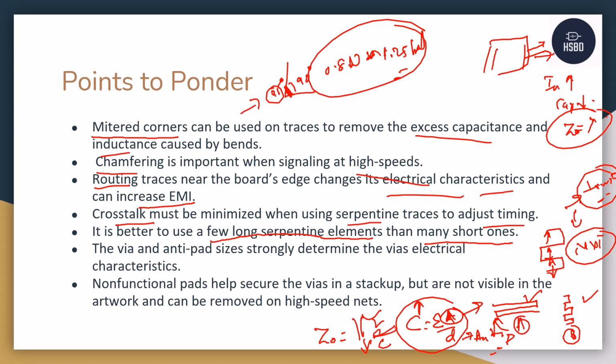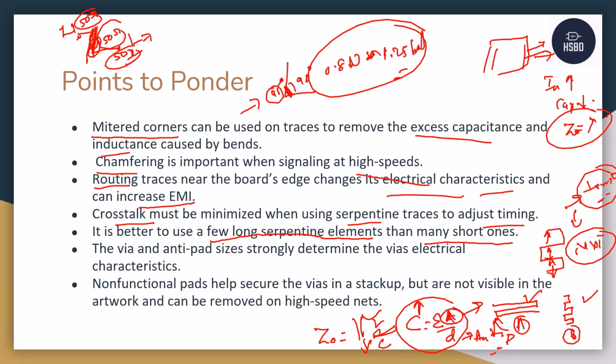So you have to work on your via artwork in such a way that the impedance is matched throughout, whether it's on layer 1, layer 7, or in the barrel itself. If it is 50 ohm here, it should be near 50 here as well. Whenever there is a discontinuity in this 50 ohm, we are going to see reflections as well as crosstalk in your signals.